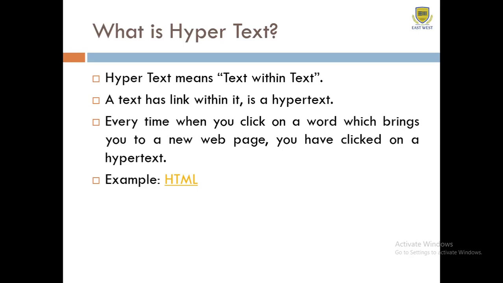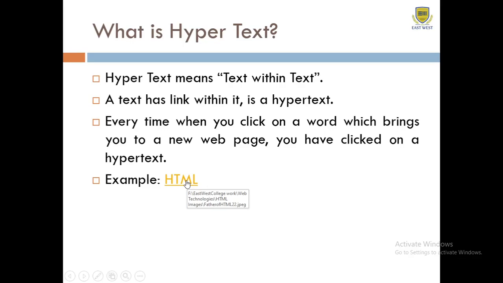Hypertext is a way to link two or more web pages, or we can say HTML documents, with each other. For example, here I have placed a hypertext called HTML. If I click, it will take me to the inventor or father of HTML, Sir Berners-Lee.